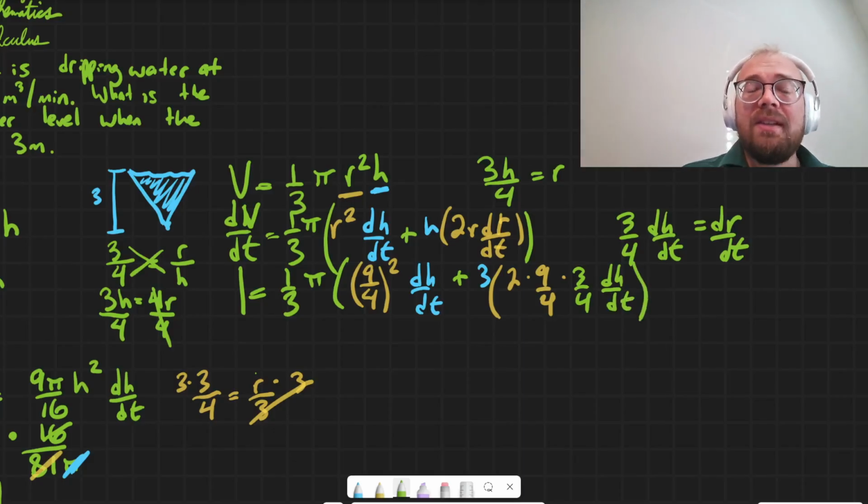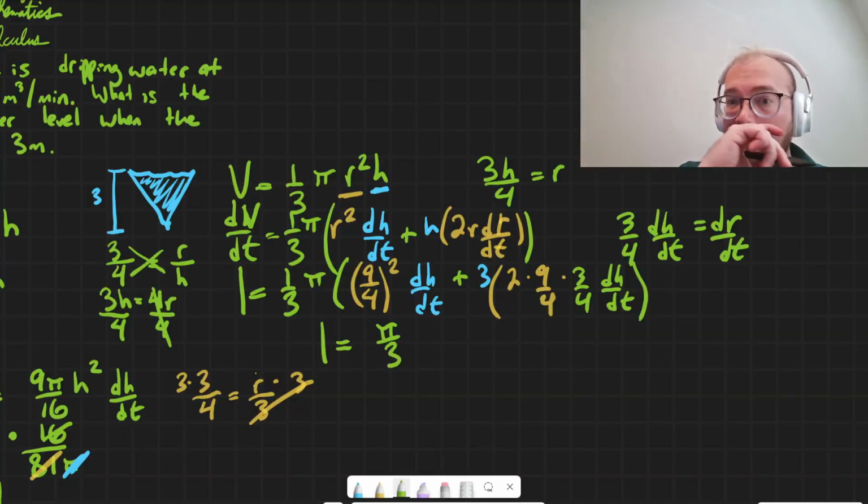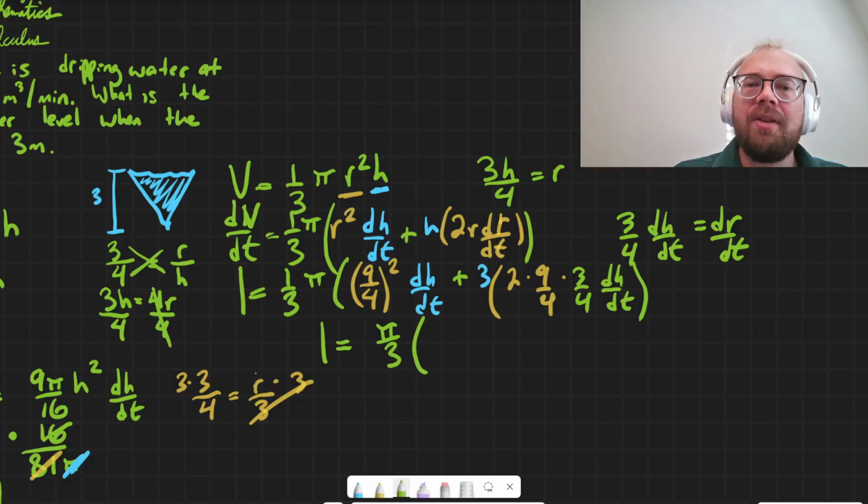Yikes. This is why this one is normally not the best way to do it. But if we continue here, we would say 1 is equal to, that'd be pi thirds. And eventually we're going to need to distribute that pi thirds.